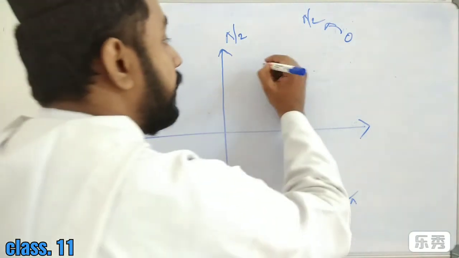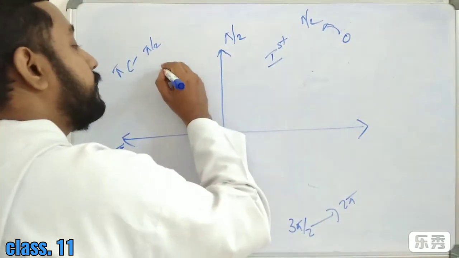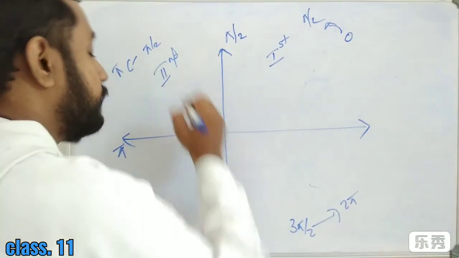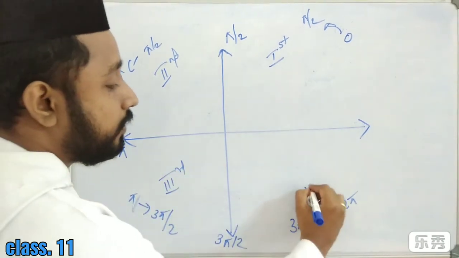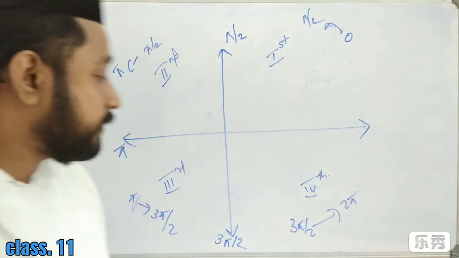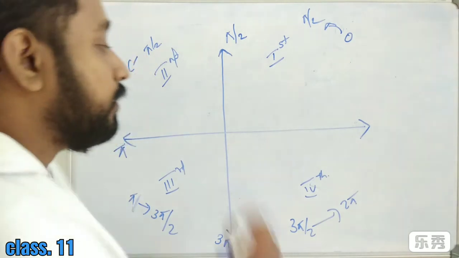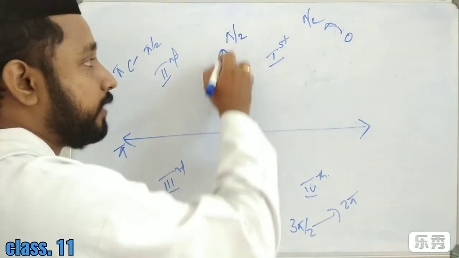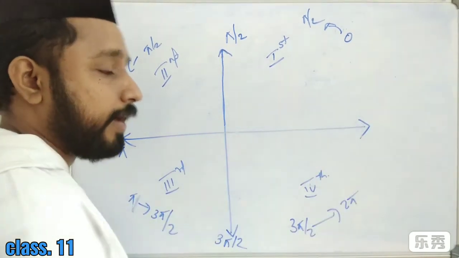This is the first quadrant. This is the second quadrant. This is the third quadrant. And this is the fourth quadrant. In first quadrant, this is positive axis. This is also positive axis.